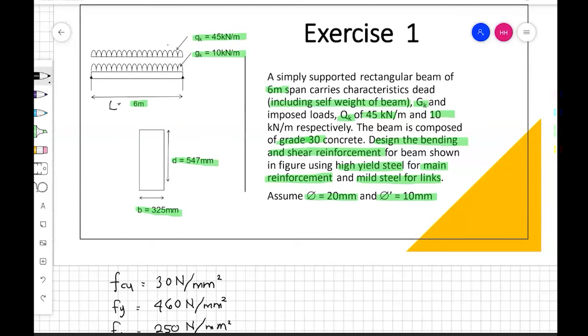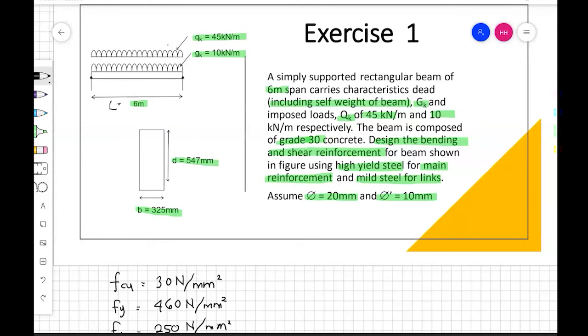And also kita kena take note bila dia kata yang characteristic dead load also include self weight of beam. Meaning you don't have to calculate self weight separately. Macam example number 1, kita kena calculate dia kan. Okay, tapi sebenarnya kita boleh calculate self weight. Kalau katakan dia tak ada kata including self weight of beam, kita boleh calculate self weight of beam. Macam mana kita nak kira?